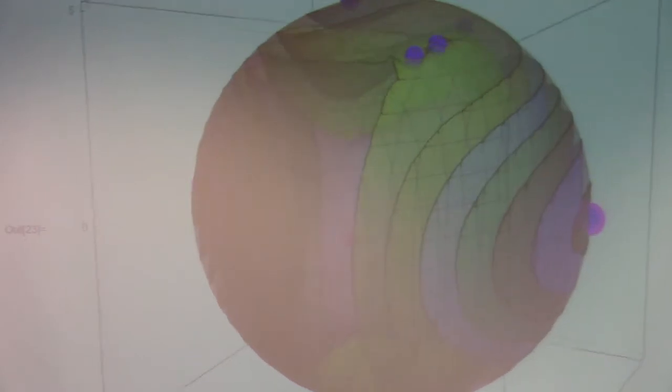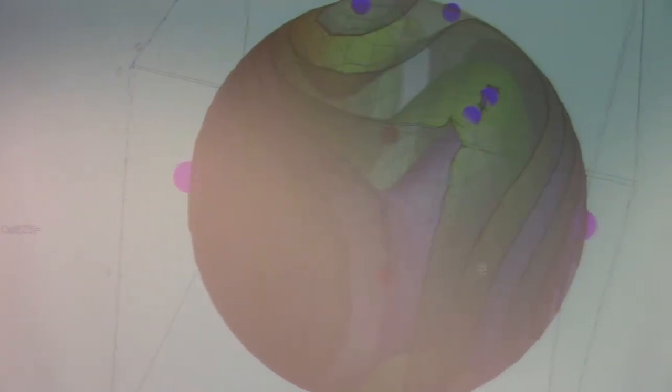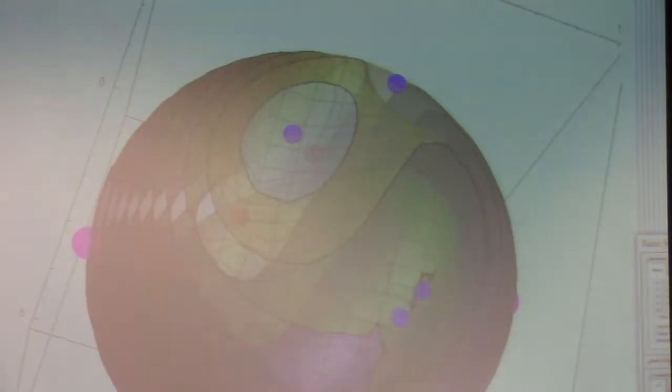The critical points in the interior I've got in red inside that sphere. And then I've got critical points along the boundary that are all blue. A couple of them have magenta colored halos, though, you see there. I made those magenta colored halos because that's where the global max and global min occur. There's a global max over here on the right and a global min over here on the left.